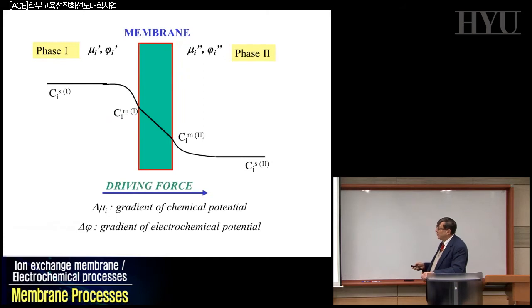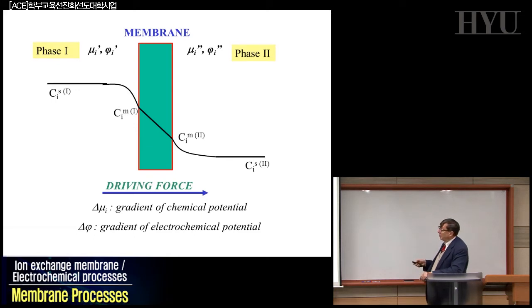If we have a membrane with a different concentration from one side to the other, we can have a transfer of ions from one side to the other. In this case we will have a gradient of the chemical potential, and a gradient of the electrochemical potential if we have a charged membrane. At the interface between the solution and the membrane on both sides, if there is a different concentration of the single ions in the membrane phase and the solution, we will have what we call the Donnan potential.